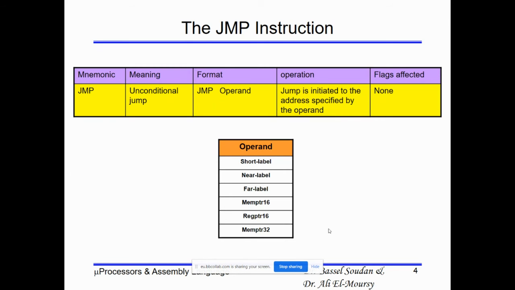So we can actually classify the addressing modes for the jump into three categories. I can jump using a label, I can jump using memory, or I can jump using the registers.